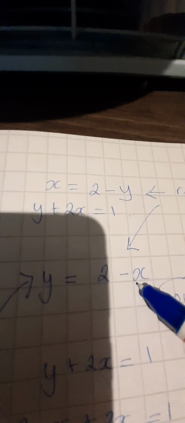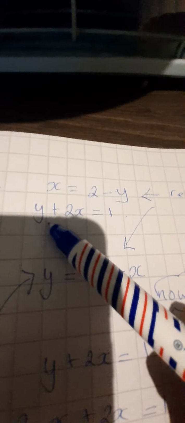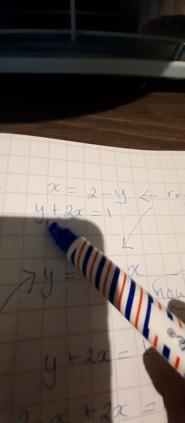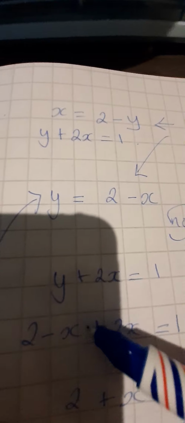Next one was 6. So what I did here, actually, I just rearranged that first equation to make it y equals. So y equals 2 minus x, and this time instead of eliminating, we're going to substitute this into where it says y in the second equation. So instead of writing y, we're going to write 2 minus x.